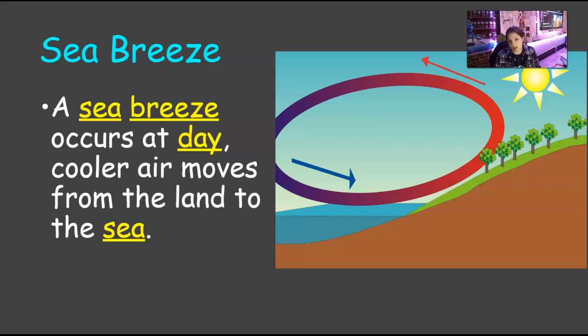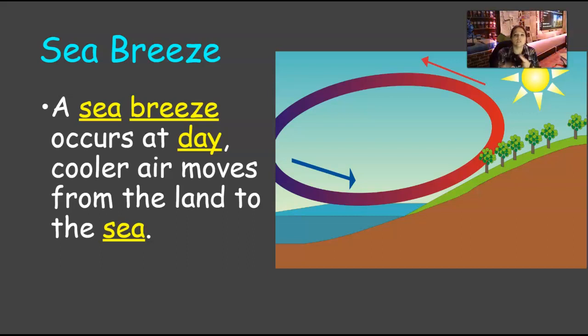It cools down because, number one, it's going up higher. The higher you go, the cooler it gets. But it's also over the water. So it starts to sink. It's more dense. It starts to sink down. And as it does that, it starts to push over the land because cold is heavier, more dense, so it can push out that warm air, which then goes back over the body of water.